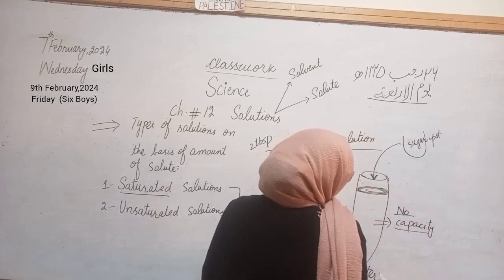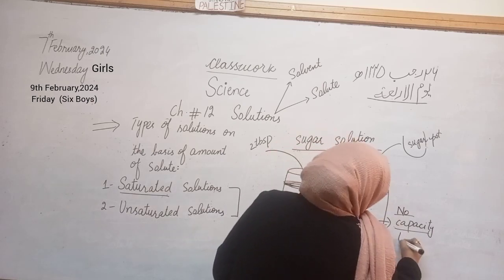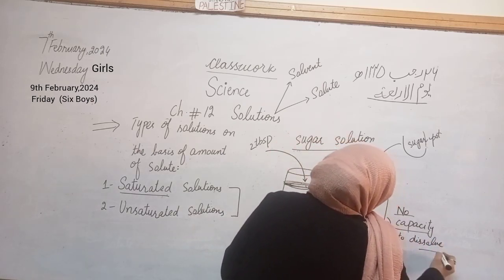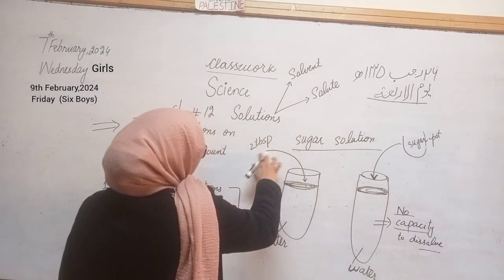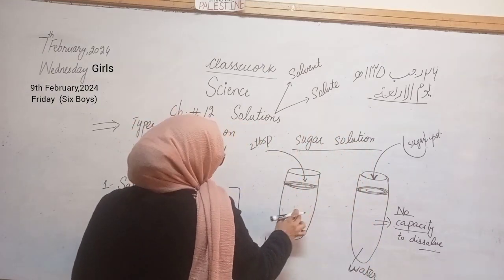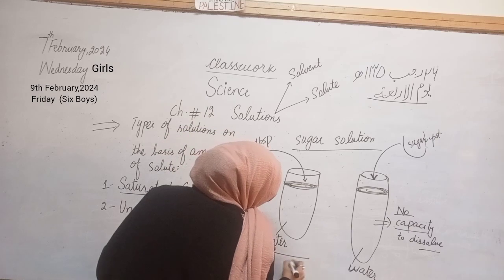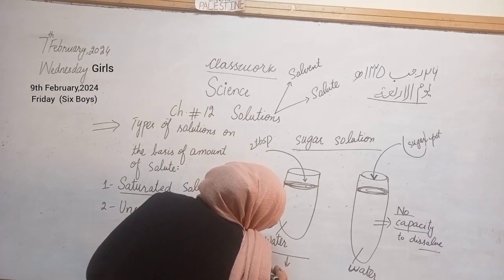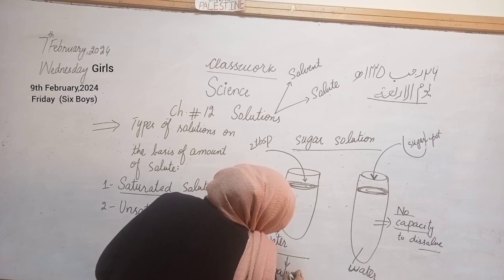Water will not gain the capacity to dissolve that amount of sugar in this case. And in the earlier case we will easily dissolve sugar in water. This kind of solution that we get is referred to as the unsaturated solution.